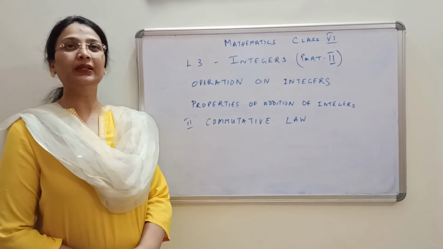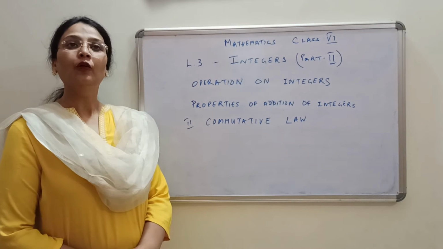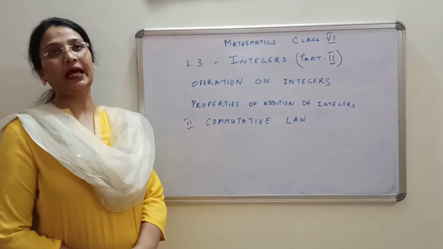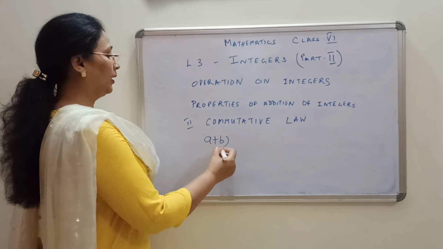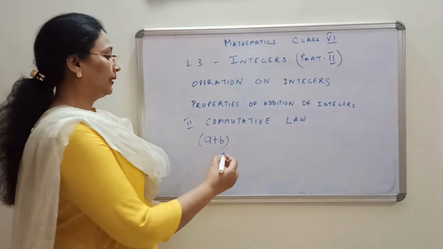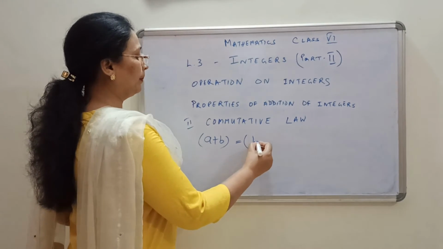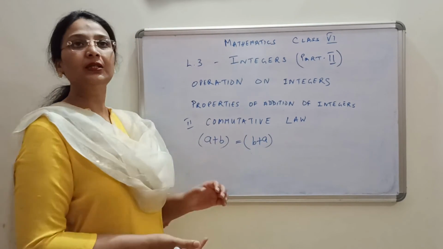Come to the second property, the commutative law. For all integers a and b, we have a + b = b + a.